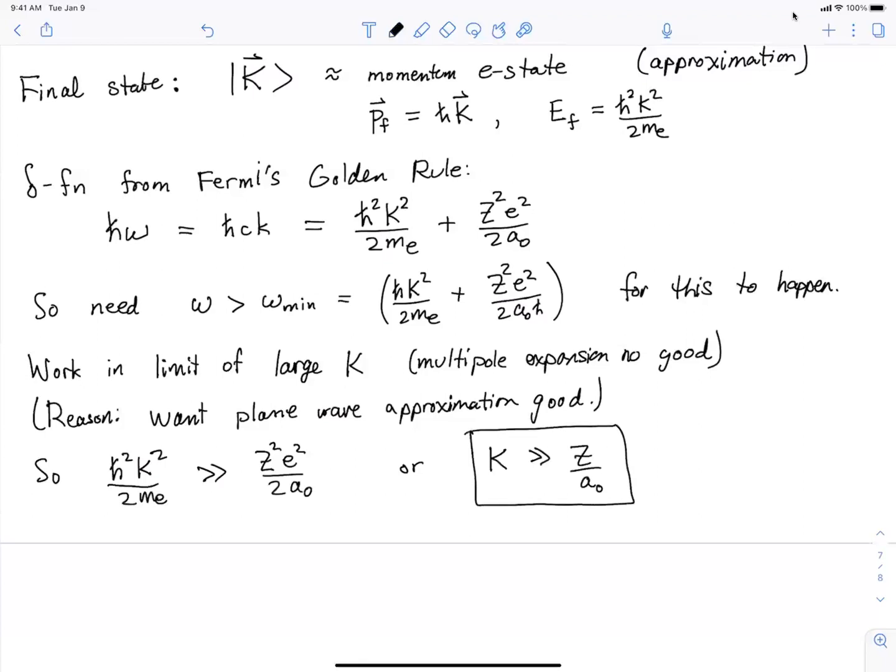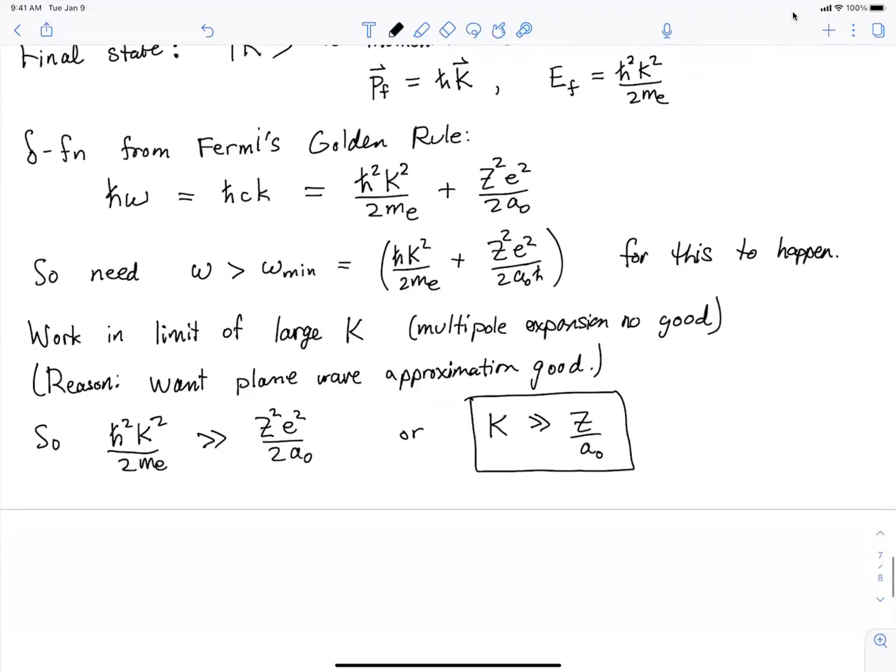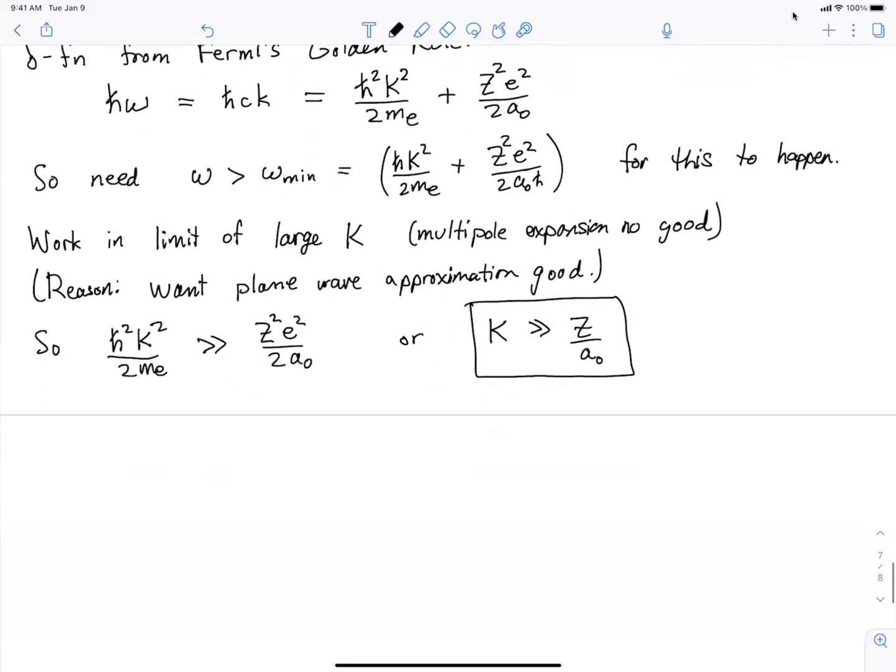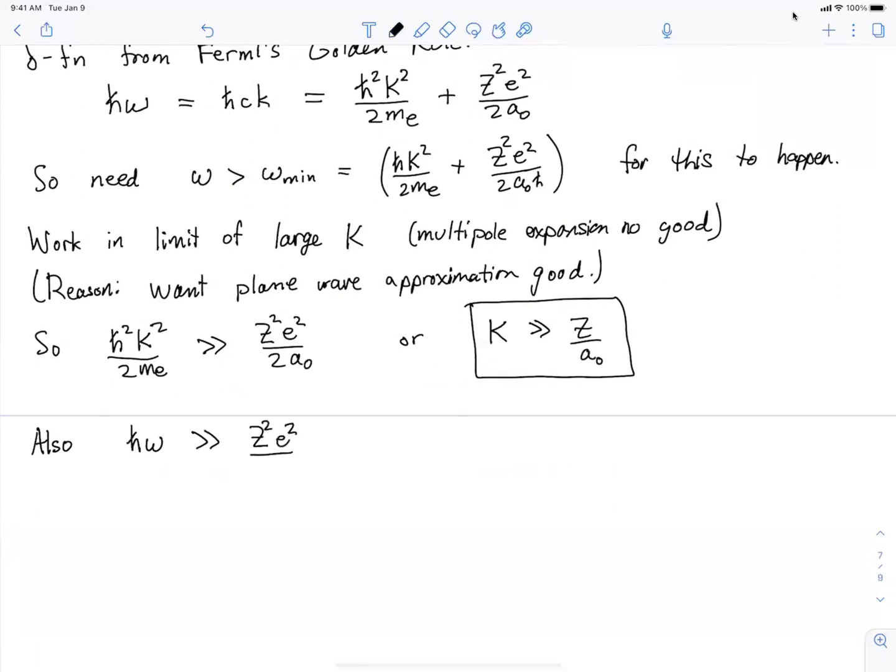So just as a check, K, the wave number, has units of 1 over distance. Z is, of course, just an integer. 1 over the Bohr radius is also 1 over distance. So dimensionally, that makes sense. We also want the energy of our photon to be much, much larger than z squared e squared over 2a naught.